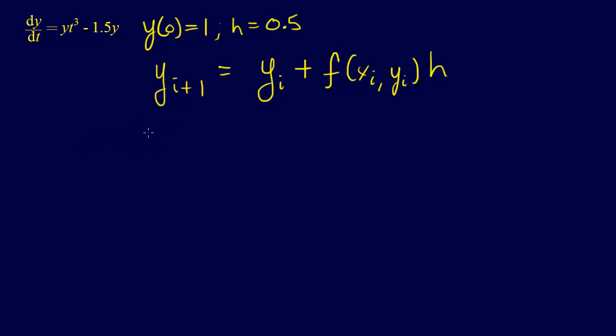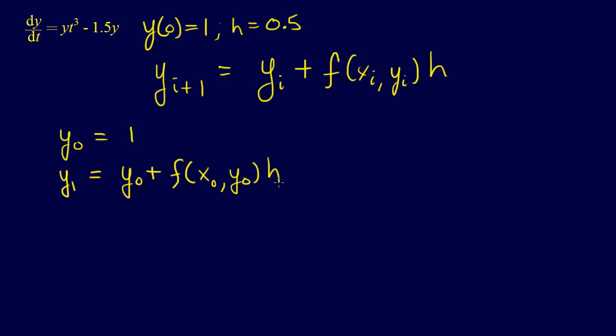So we already know y0 equals 1. Y1 equals y0 plus f of x0, y0 times h, which is equal to y0, which we already said was 1, plus f of x0, y0.